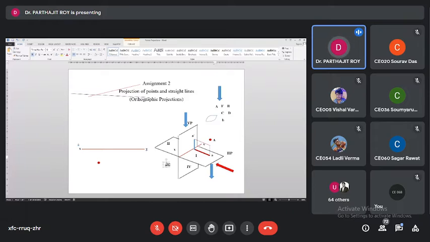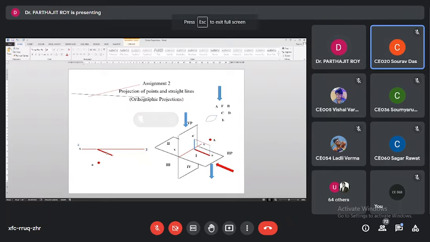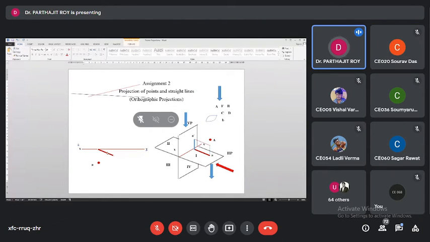What will be the distance? Distance will be this red color projector, yes or no? Length of the projector on the horizontal plane. Do you agree? Sir, please explain again. What will be the distance of top view from XY line?